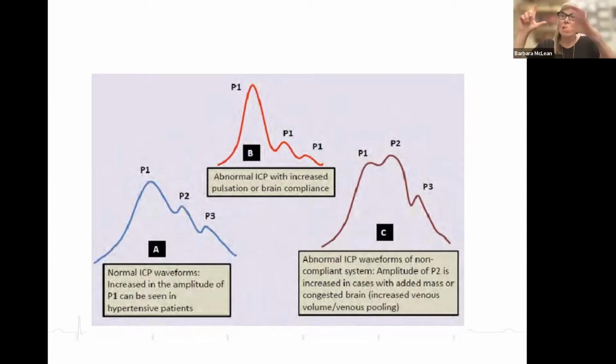P2 is the track as the blood flows through the cranial vault, no longer in systole, really in diastole, and that limb tells us about compliance. So P1 tells us about brain response to systolic ejection, and P2 tells us about compliance. P3 doesn't have a lot of meaning, but of course we always want to know what's there. This is incredibly important. If you have the opportunity to monitor ICP, you want to see those waveforms.